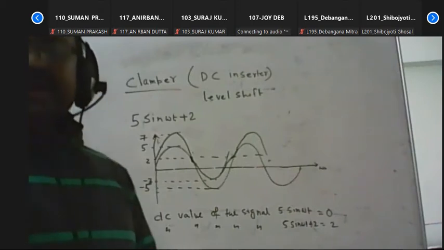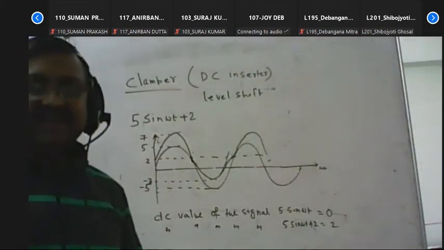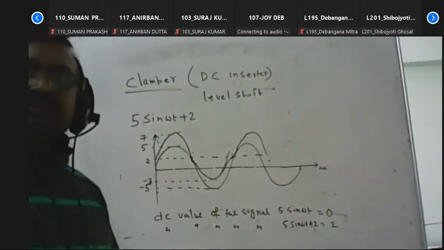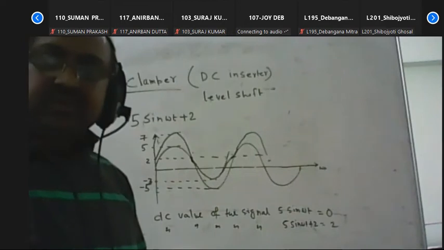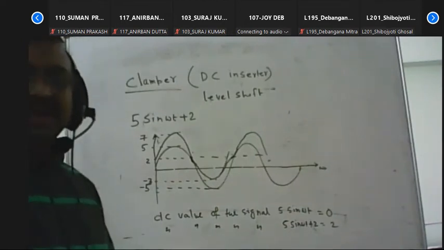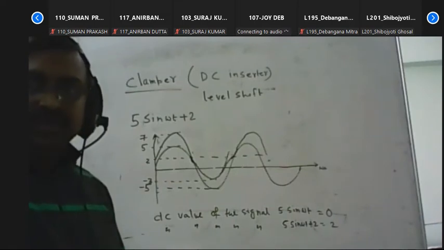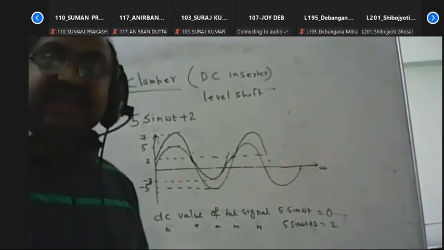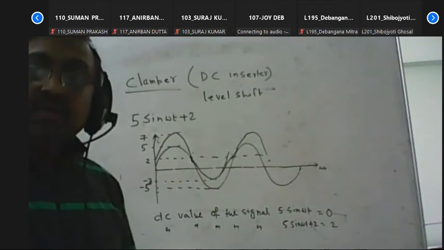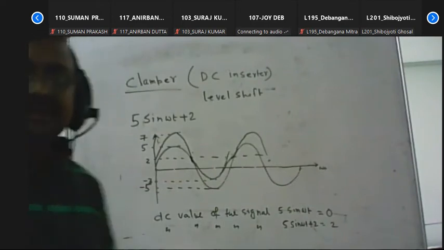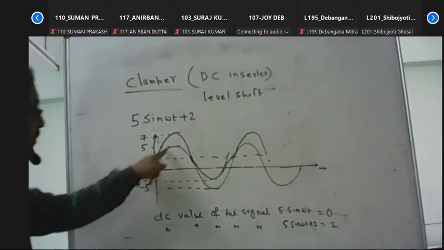If we need to build a clamper circuit, then obviously the main component is the diode, and we can also use a resistor and capacitor to shift the waveform to a desired DC level without changing the applied signal. Here we can apply the sine wave.